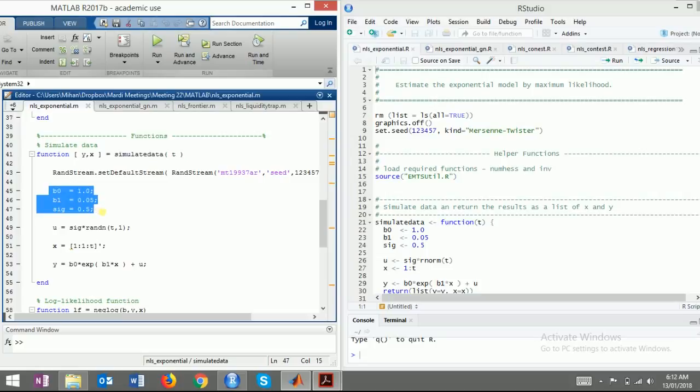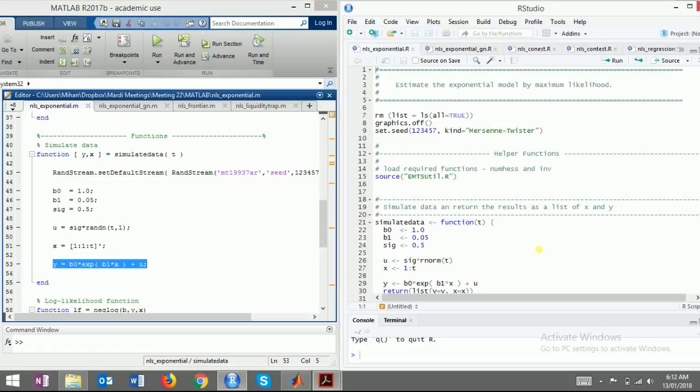This information is given in problem 1. Then the residual is updated, mu sigma into random number t1 rnorm. The exogenous variable is 1 to t transposed, and this is the only equation, so this has been updated.